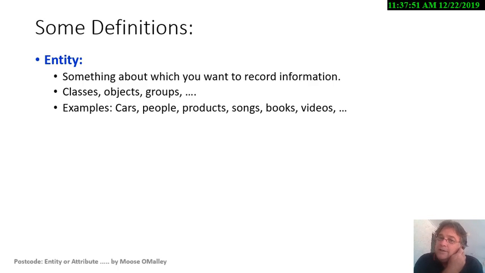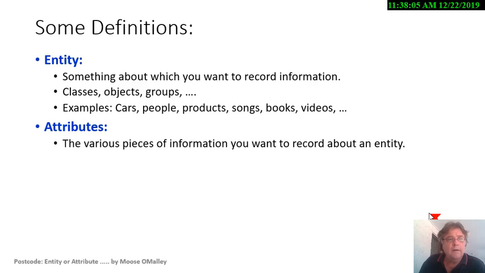This goes back to really week one of any data analysis course you do. Entity modelling or entity relationship modelling or anything like that always starts with the definition of an entity. What's an attribute? An attribute is the various pieces of information you want to record about an entity. Or a single attribute is a piece of information you want to record about an entity.